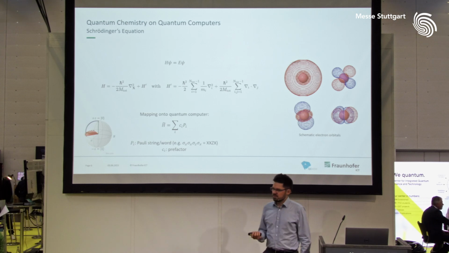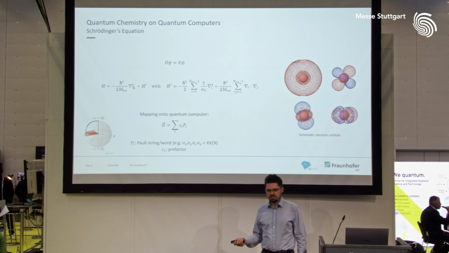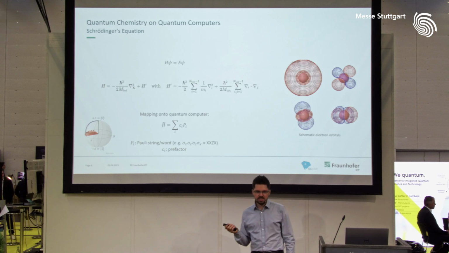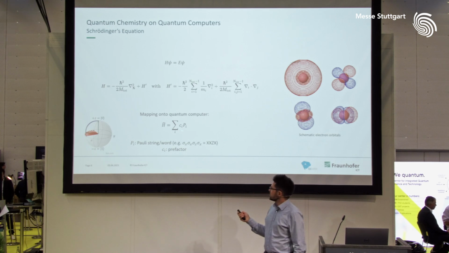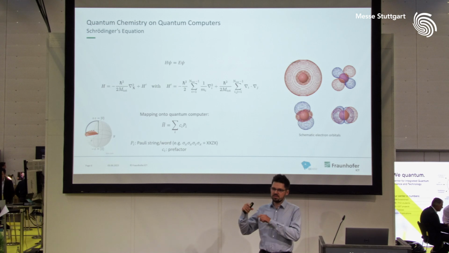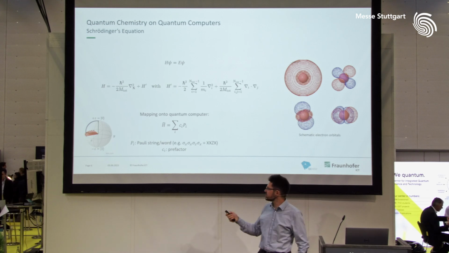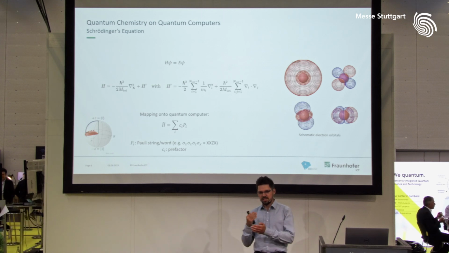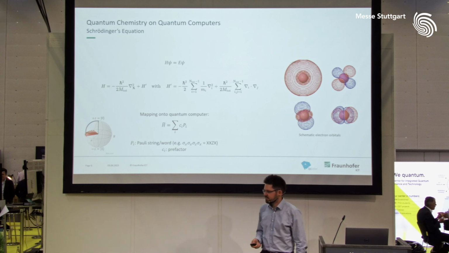So we need to map the system on the quantum computer. We rewrite all the stuff in a way that the quantum computer can understand it. This is done with Pauli strings. Pauli strings, here are different notations of it, are basically rotations around the Bloch sphere. So you have a qubit in the state 0 or 1, or some superposition, as seen in this Bloch sphere, and then some Pauli string rotates this qubit state.